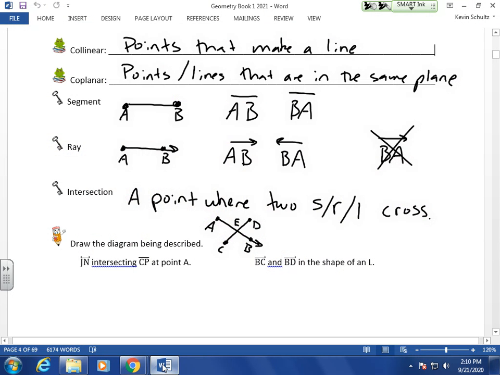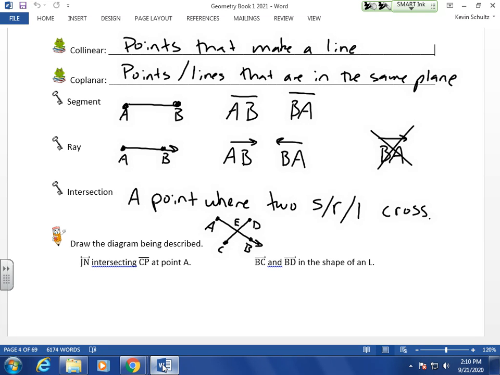And we are back. Your job was to draw a diagram describing line JN intersecting segment CP at point A. Normally this would be where you folks would come up and we would draw some of these up here, but just with the COVID and everything, I will give you some sample answers. So the beauty of this is that you probably all drew something different for the first one, right?